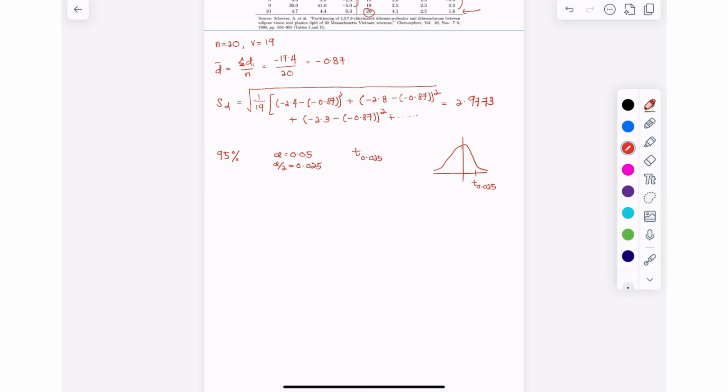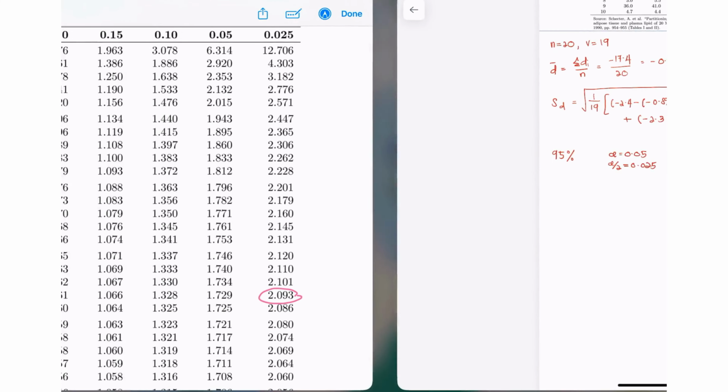To find the point for t 0.025 using the t distribution table, the area from this point to the right is 0.025. Then if you look inside the table for the area 0.025, you will obtain this point for t 0.025. So we check the t distribution table.